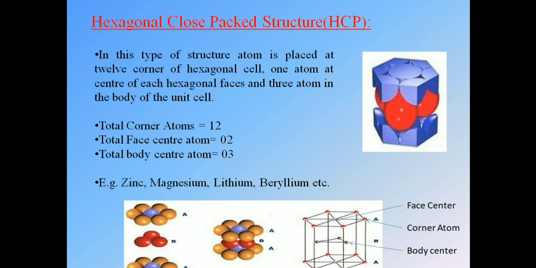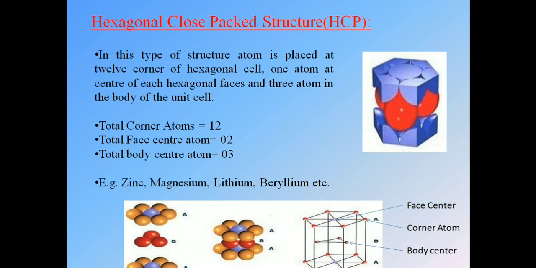Then if I count the total number of atoms, if I count the corners, 1 2 3 4 5 6 at the upper side, same way 6 at the below side, so the total corner atoms will be 12. How many face centered atoms will there be? One at the upper hexagonal face, one at the below hexagonal face, so we have 2 face centered atoms.